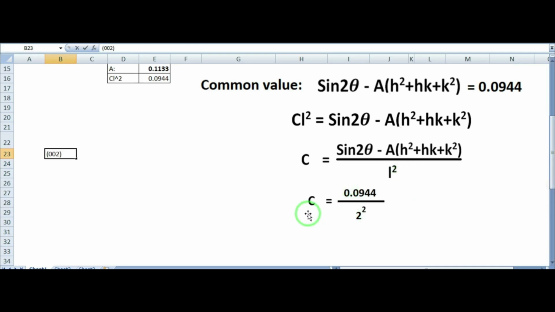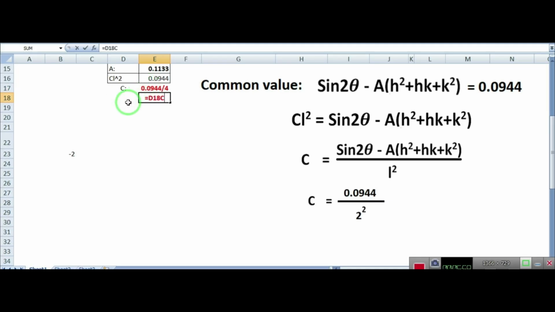If I take L equal to 2, capital C equals 0.0944 divided by 2 square, nothing but 4. So 0.0944 by 4, and this capital C value now becomes equal to 0.0236.